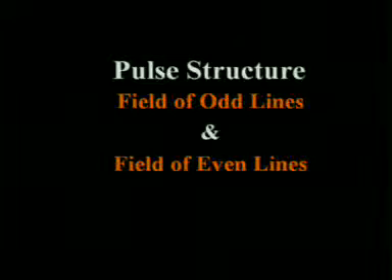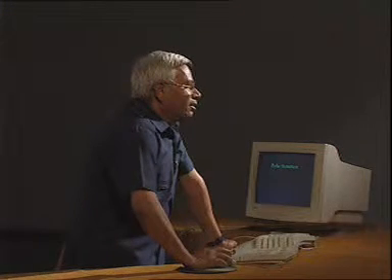The field of odd lines is one field and the field of even lines is another field. Therefore, a TV screen contains the two pulse structure, one of odd lines, another of even lines.